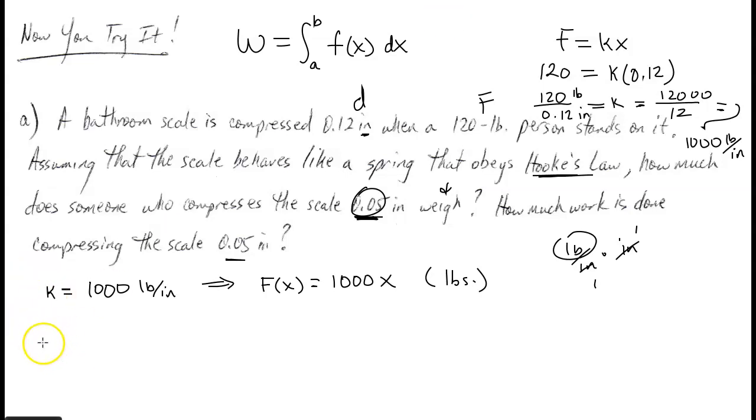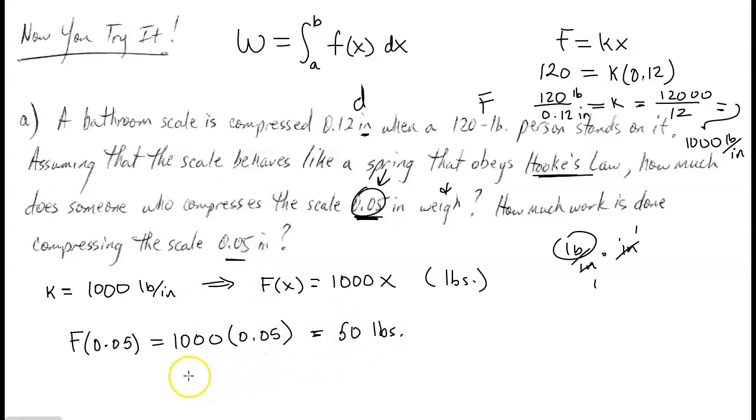So now we know that if this person compresses the scale by 5/100ths of an inch, that's going to be 5% of 1,000, so this will just end up being 50 pounds once we multiply it out, because 5% of 1,000 is 50.